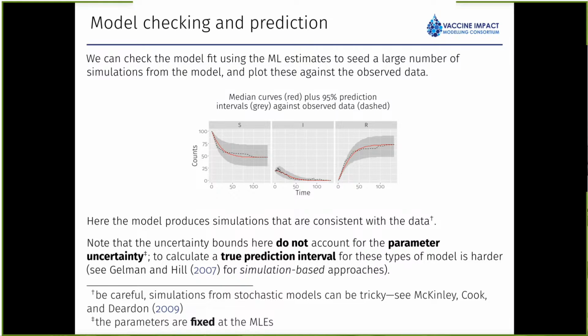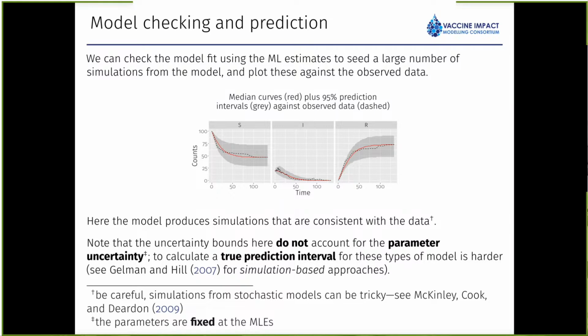There are certainly circumstances where doing these simulations naively against the data won't always give you good fits, particularly if you have a stochastic model where you get bimodal outcomes and things like that, then you have to be a little bit more careful. But the basic idea is here, right? You can use simulation in order to assess model fit, okay? If any of you want to see any examples of where this is a bit weird, then we had a paper from a few years ago that does this for Ebola, okay?